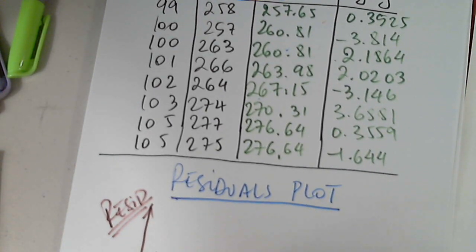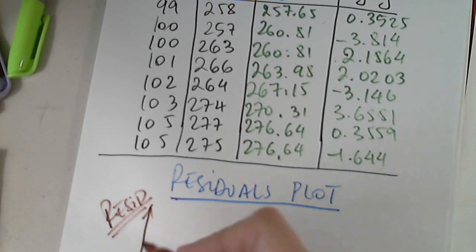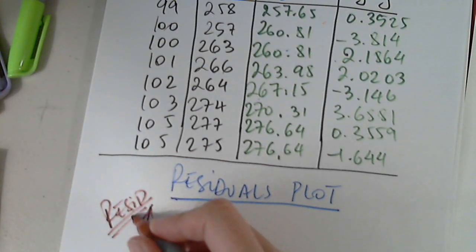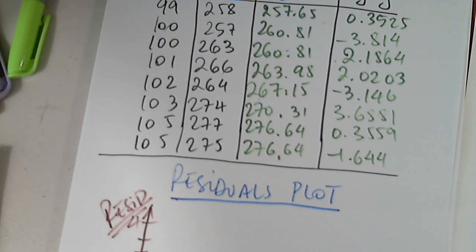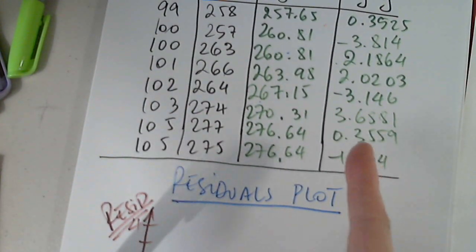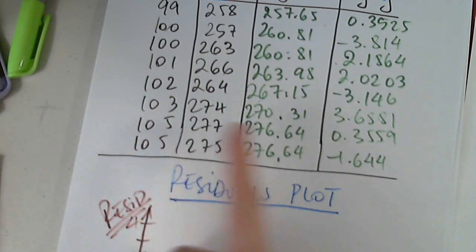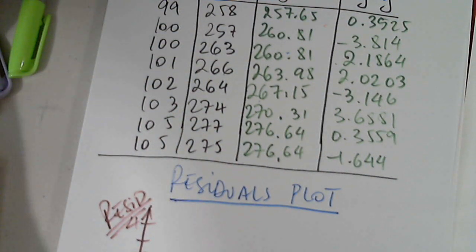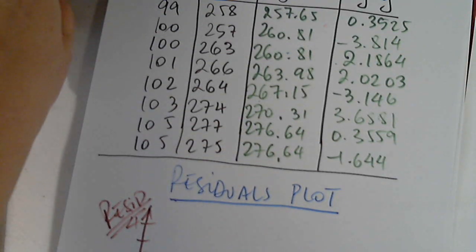So 1, 2, 3, 4. Now for each X value, I'm going to plot the point X, comma, its residual. I hope this is a good color.